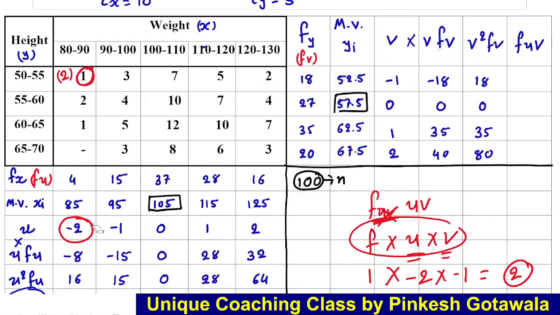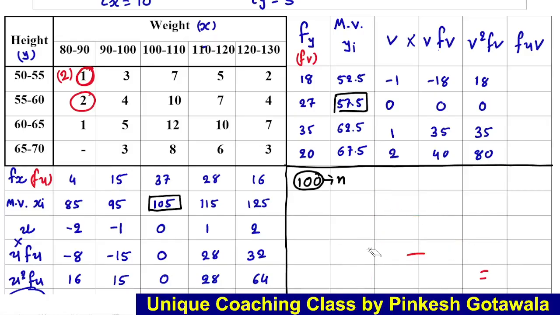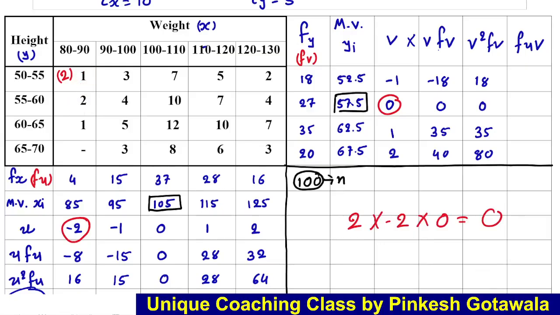Come to the next. Here 2 is given. 2 is the f, and u is -2 and v is 0. So what will be multiplied? 2 into -2 into 0. Clear? What answer will you get? That is 0. So here you should write 0 in brackets. This way we have to find fuv for every frequency.